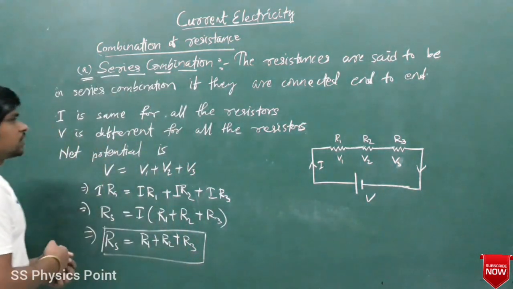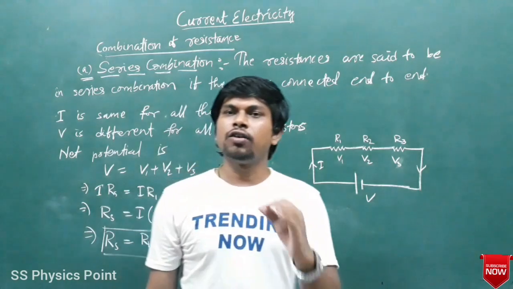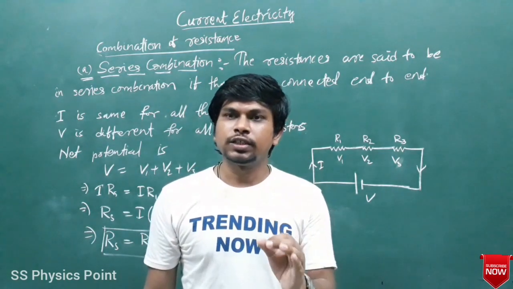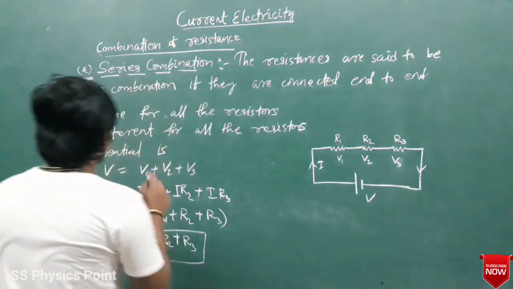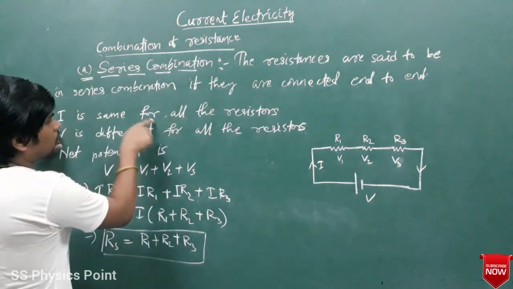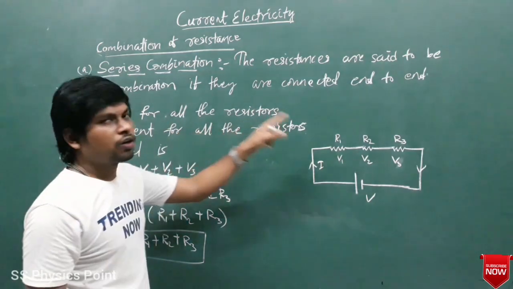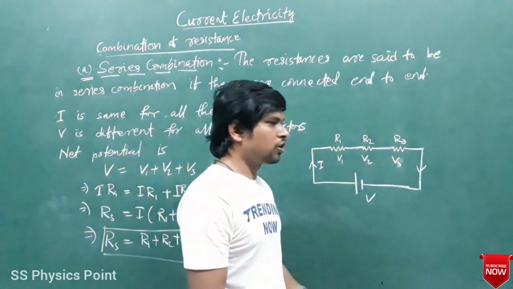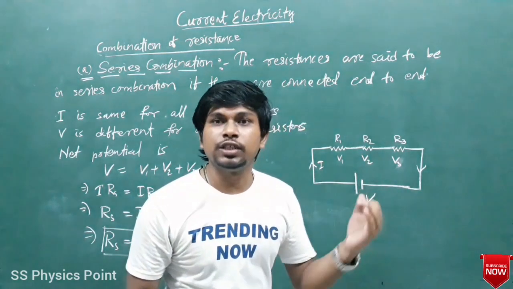Next, what is the rule to find out the resistance in series combination? Remember, the current for all the resistors is the same. In series combination, an equal amount of current flows across each resistor.